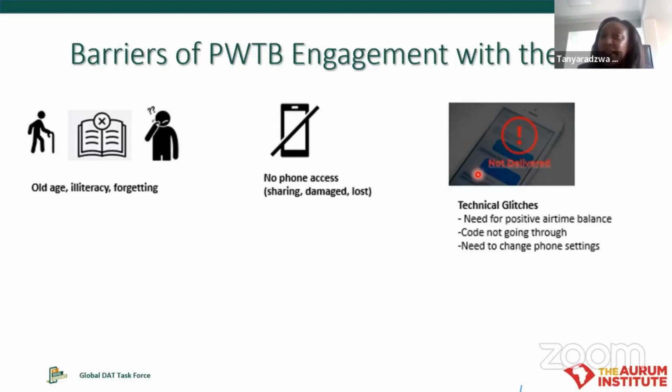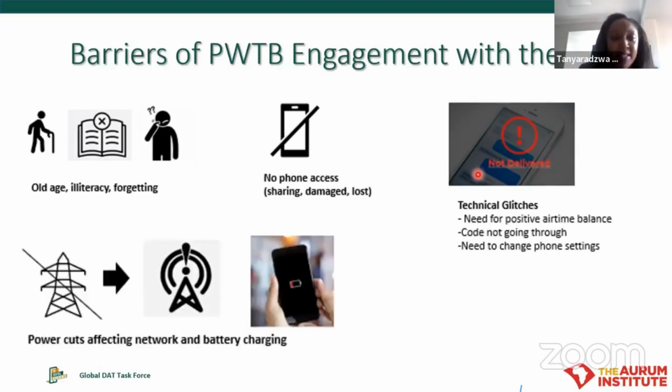It was not going to deduct the airtime, but they just had to have a positive airtime balance. Secondly, with some participants, the code was just not going through, even though they had a positive airtime balance. And there was need to change some phone settings for the people with TB, which was an invasion of privacy. Some participants were not comfortable with that.